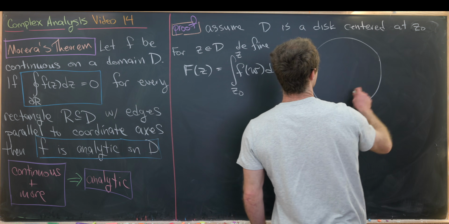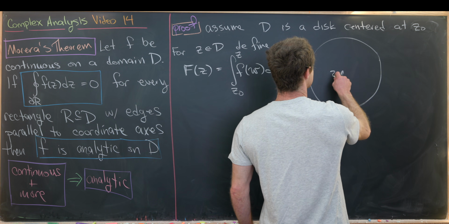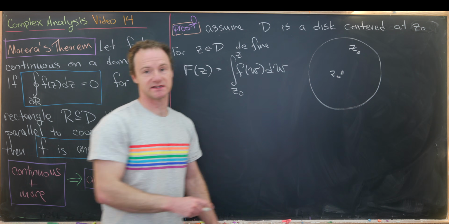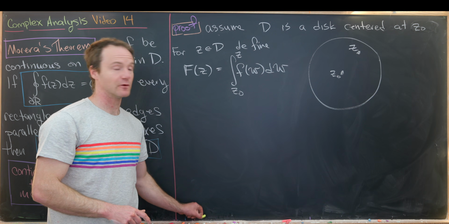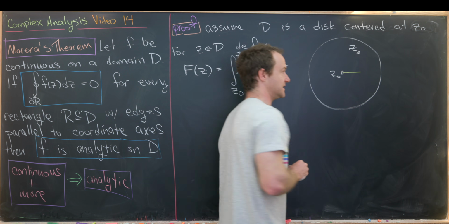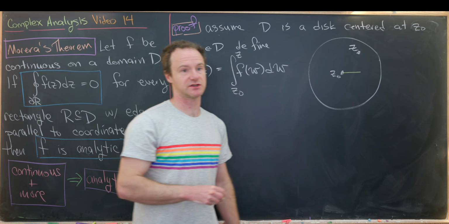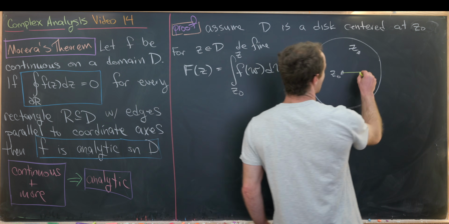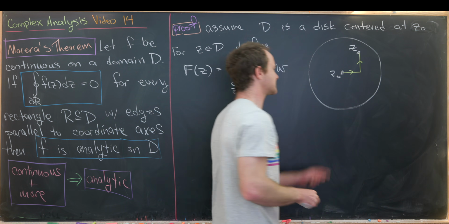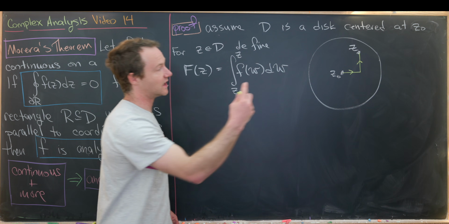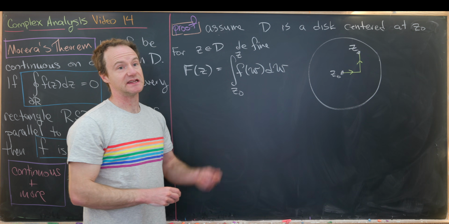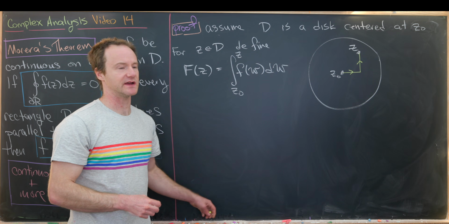Let's draw our disk, which is centered at z naught, and let's put another point z within this disk. The path that we'll take will be along this horizontal line, which is parallel to the real axis, and then up this vertical line. So it'll be something like that. And of course, that's if z is up and to the right of z naught. You could have similar pictures if z is situated in another place.